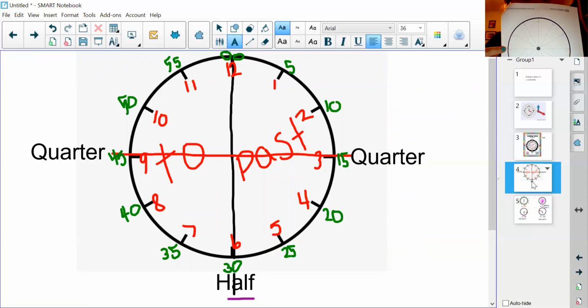5, 10, 15. If you want to, on the lines right here, you could write half right here, quarter, quarter. That might be a good thing to do.